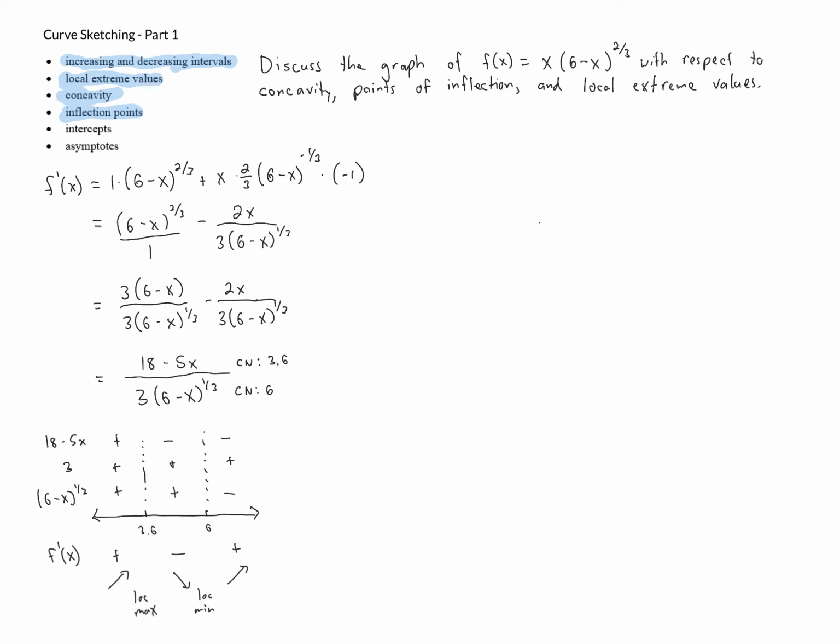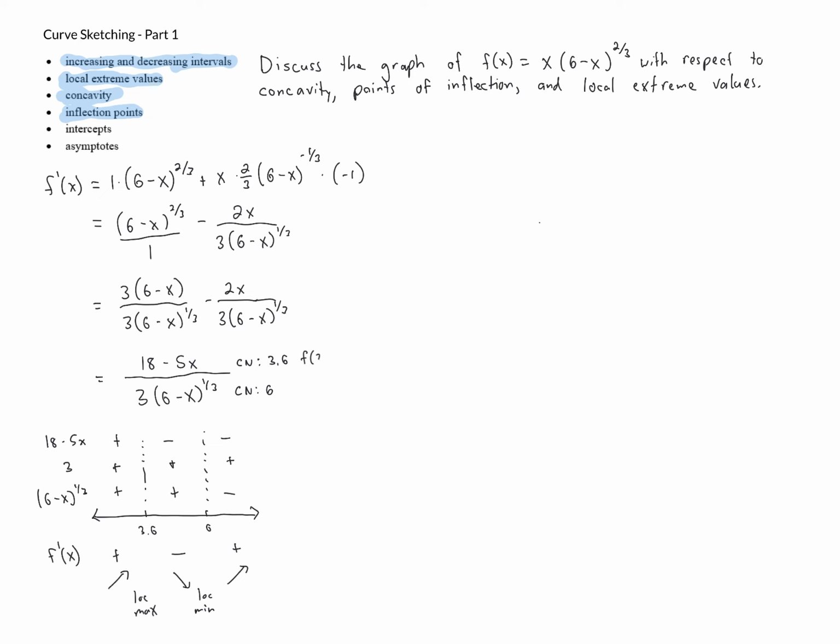So we're doing well. We've got some important information for our graph. We've got the increasing and decreasing intervals, and we've got the location of the local extreme values. We haven't plugged those in yet to get the function values, but we can do that now. I am simply going to use a calculator to do that. If we plug in 3.6, our function value is going to be approximately 6.45.